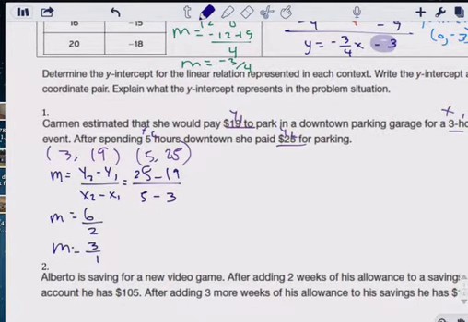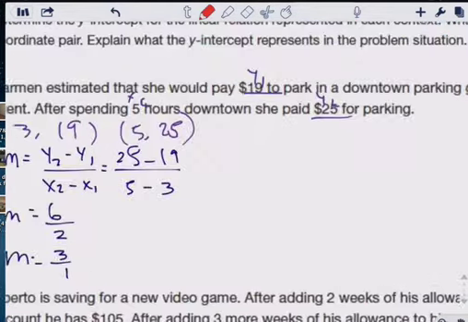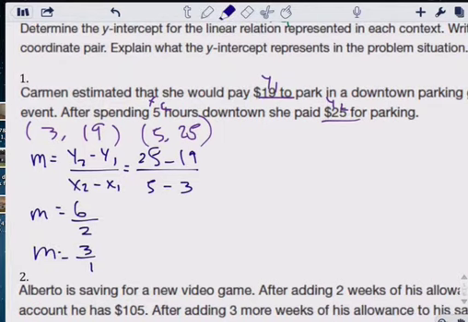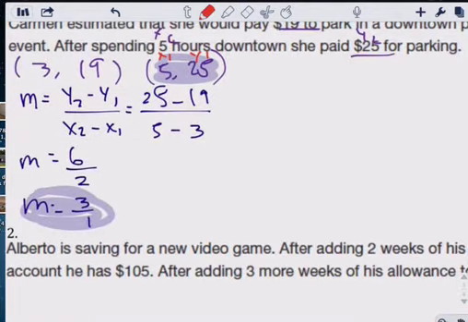Okay, so knowing that, I'll take 5 and 25. It's just an easier number. Okay, so this will be my x1, y1. Here's my slope that I'm going to use. Point slope. Doesn't matter which point you choose. Y minus y1 equals m, and this is x minus x1.